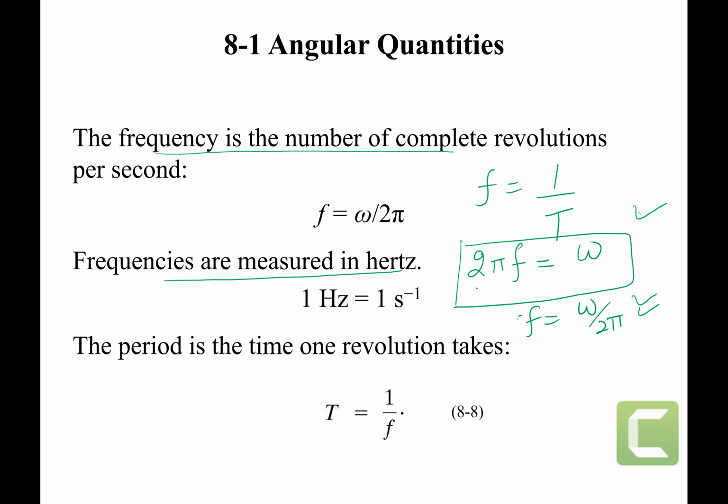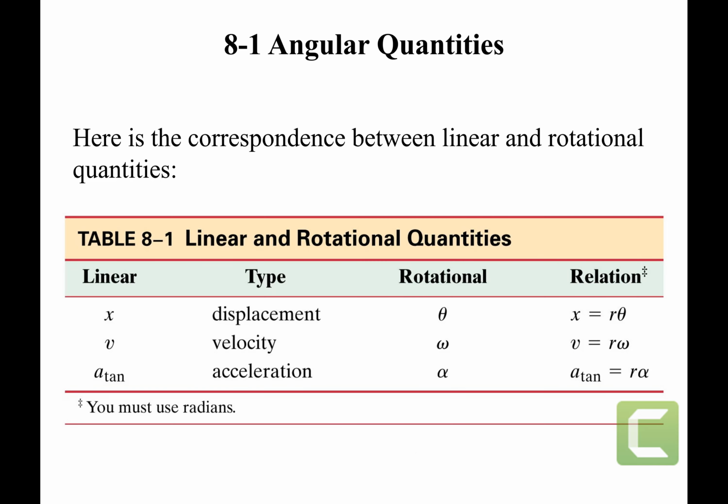I don't think we will need this equation in this chapter, but yes, time period is the reciprocal of frequency. We use this all the time. So I'll stop here after this slide, because this completes the 8.1 section, showing you various formulas that you have used.